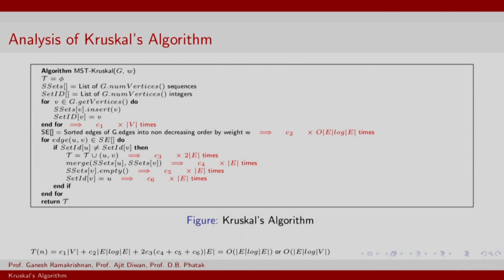So one can show that this overall complexity is dominated by this order E log E sorting step, and the worst case E is order V square. So therefore order E log E can also be written as order E log V. Thank you.